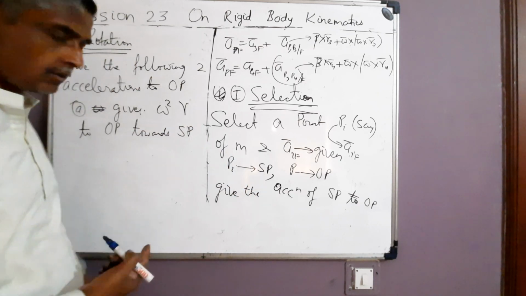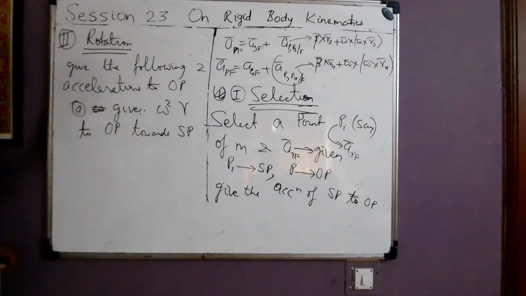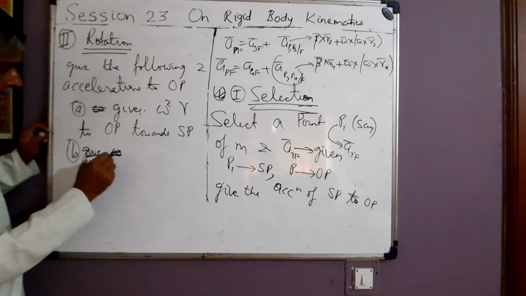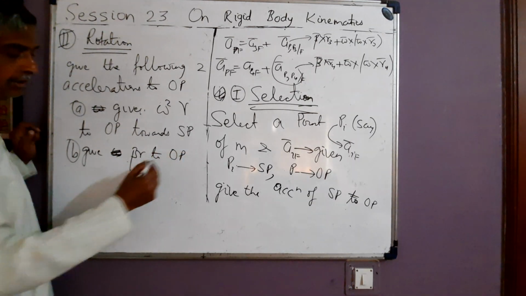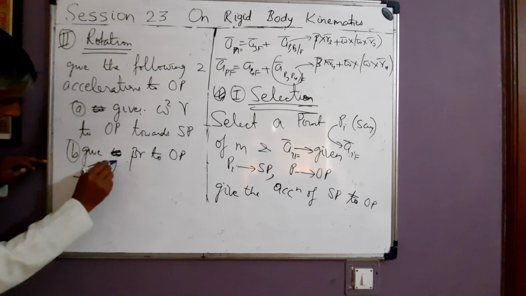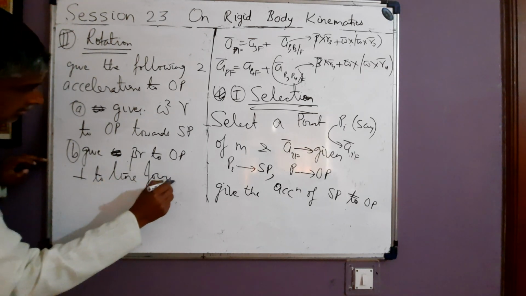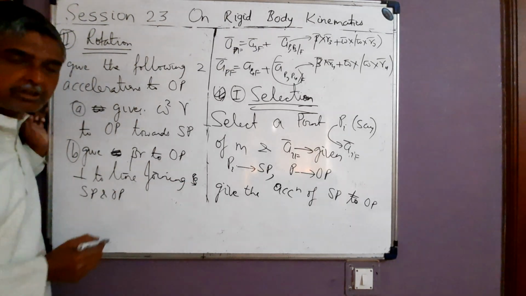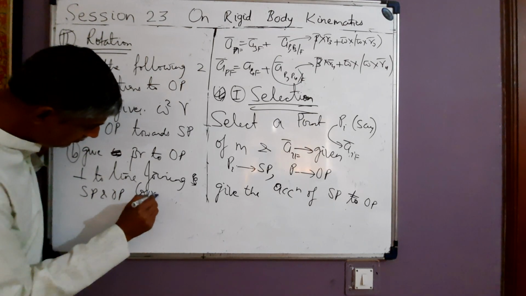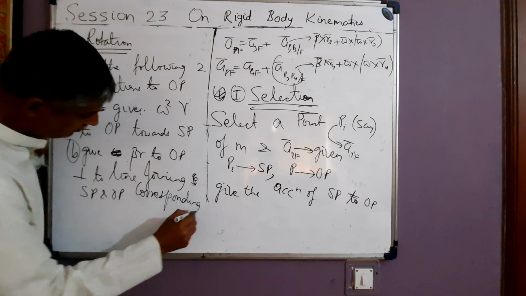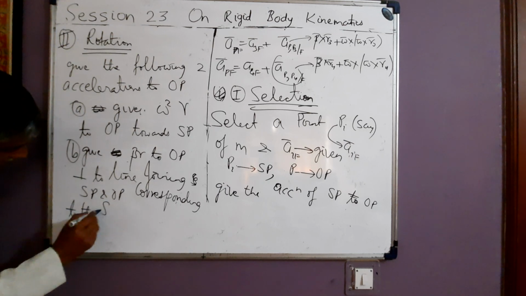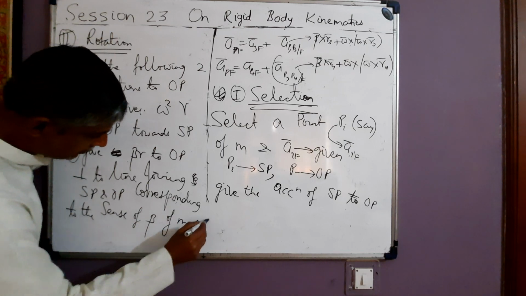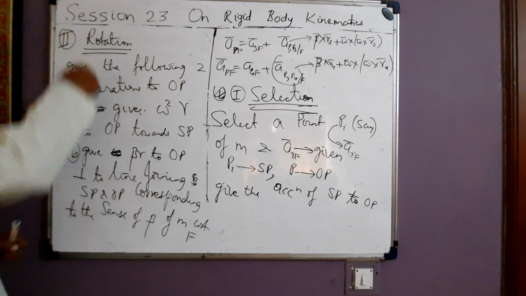That's the rotation case which I discussed in action 2. And B: give beta R to OP perpendicular to the line joining SP and OP, corresponding to the sense of beta of M with respect to F. This is the second action, the rotation term.